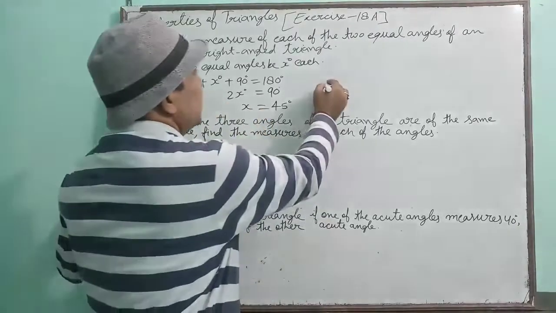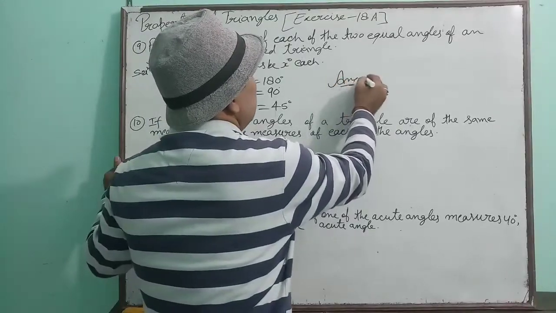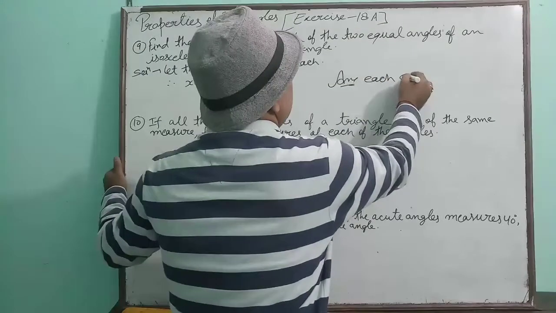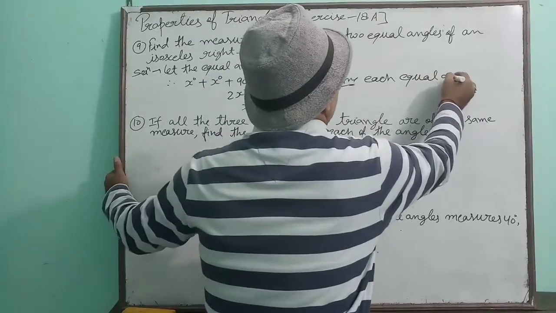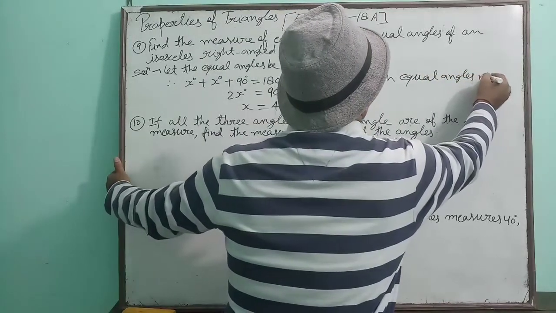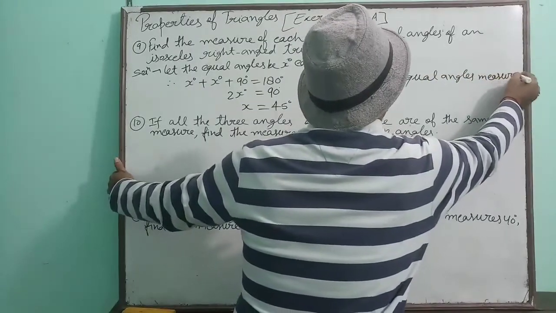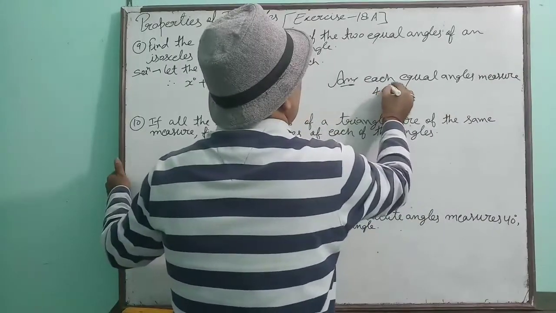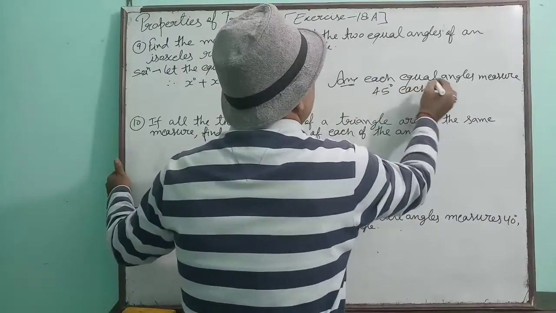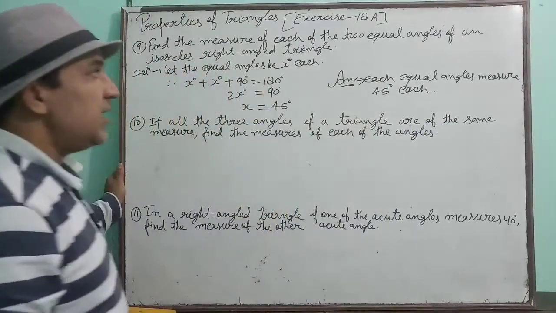That means what is your answer here? Your answer is each equal angle measures 45 degree. Is this clear?